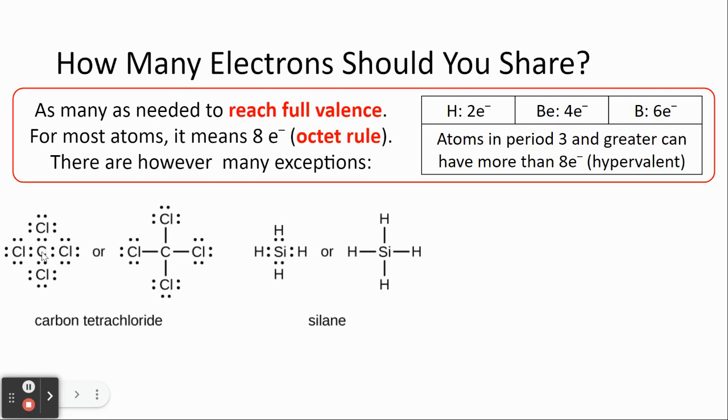Next, we put carbon in the center, and then we put our 4 chlorines around that central atom. We put a lone or bonding pair of electrons between the carbon and each of the chlorines so that they function as a unit. That's 8 out of the 32 electrons.